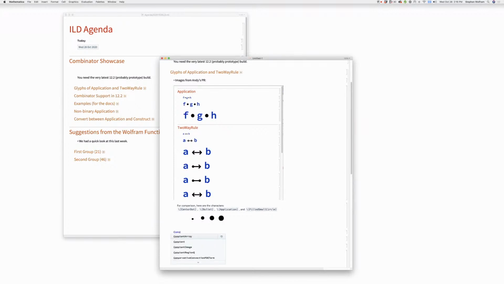I just want to say construct... what am I doing here? I want to say groupings of random choice SK, comma 5 or something.